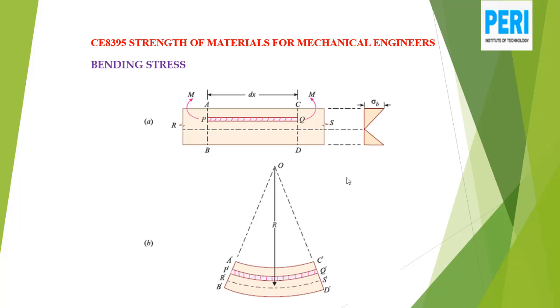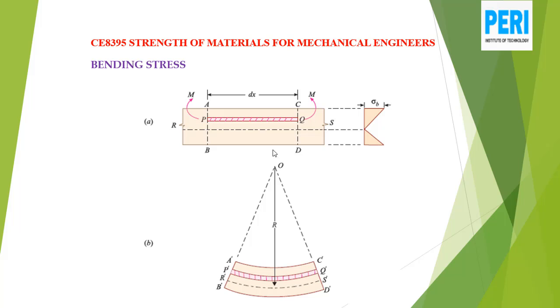And the next case, bending stress. In bending stress, this is the cross-section of the bar. While bending, RS is the neutral axis. Even after bending, this RS will not be changed.